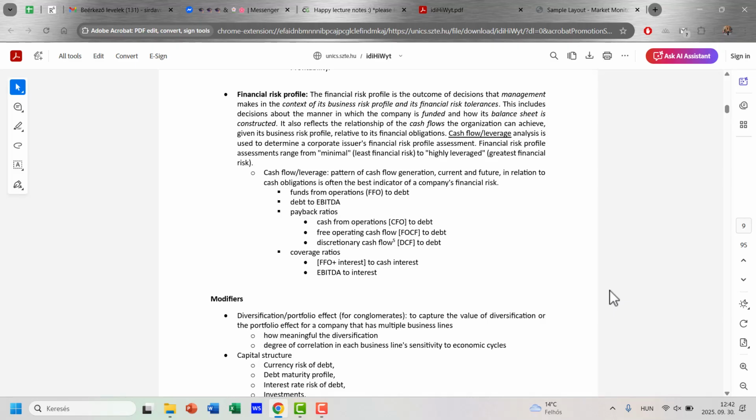That's why they use funds from operations to debt ratio or debt to EBITDA, checking how they can pay back the existing debt, and the cash to interest ratio, because the other problem is that we can have high debt.